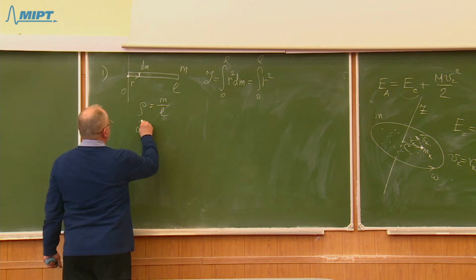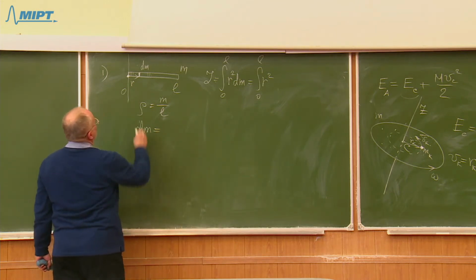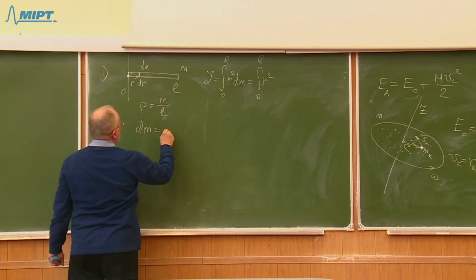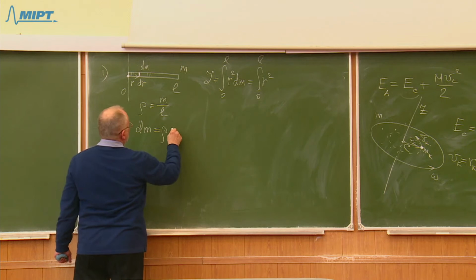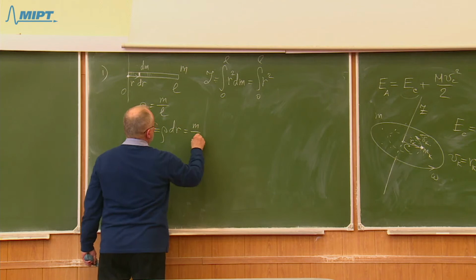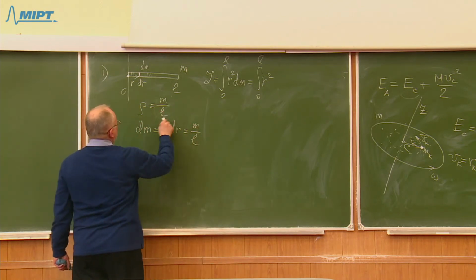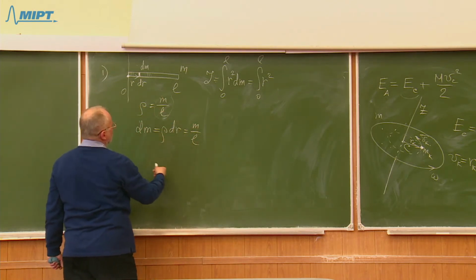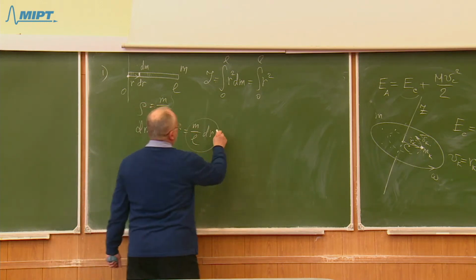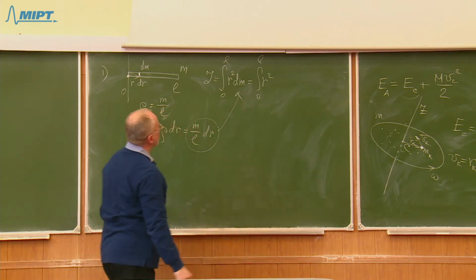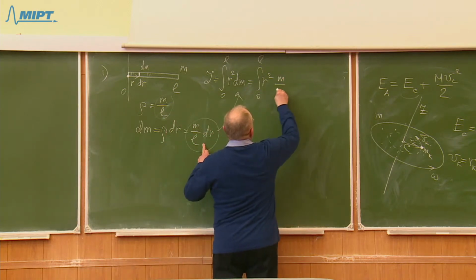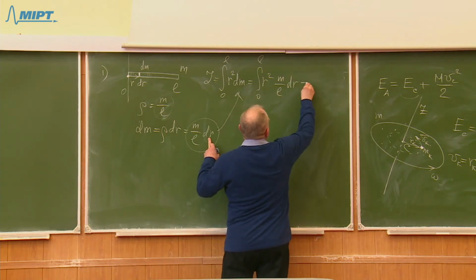In this case, the mass dm of some small element dr will be the mass per unit length times dr, and that will be m divided by L, which is the linear density, times dr. And that quantity should be substituted here in the integral, and what we obtain will be m divided by L dr.